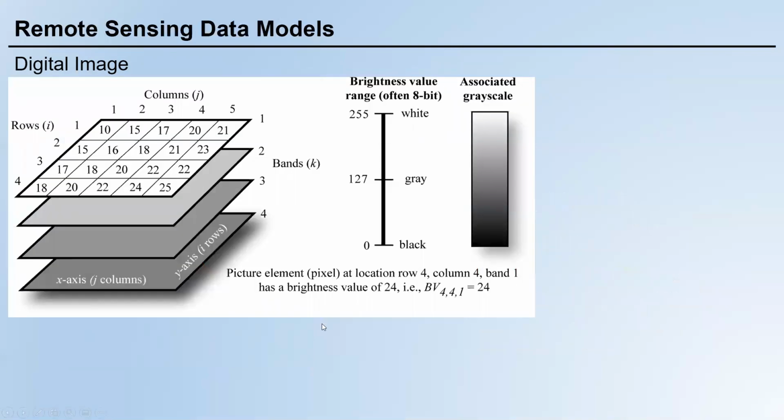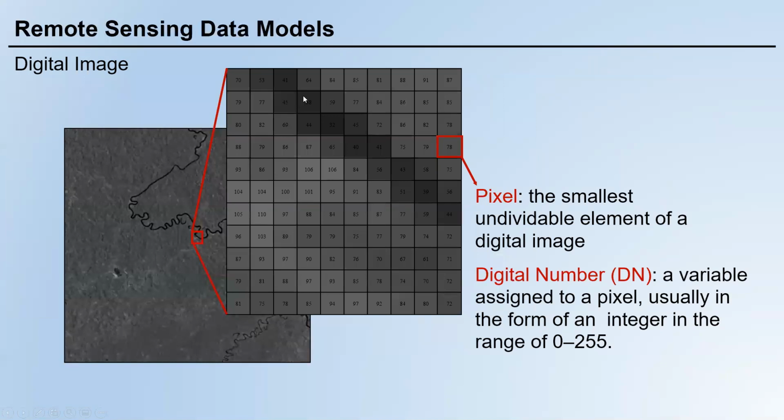Okay, let's talk more about digital image. No matter whether this is a small image or this large digital image, it's a bunch of what? Of pixels with DN values.